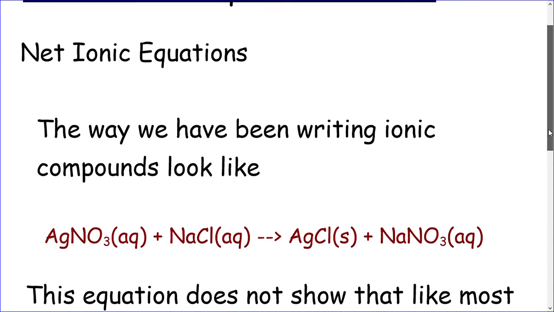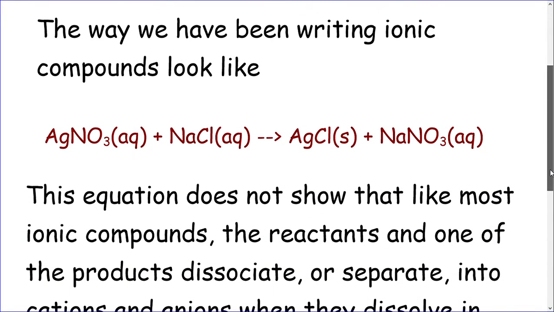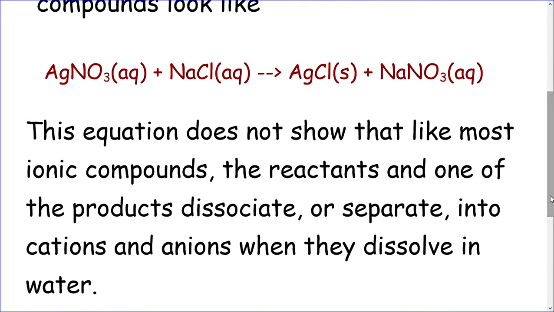So this equation doesn't show, like most ionic compounds, the fact that they actually get broken up, or dissociated, or separated into the cations and anions that they have when they dissolve in water. So in this case, we're just writing out the equation as we see it, but in reality these aqueous solutions split apart into their cations and anions when they get dissolved in water.